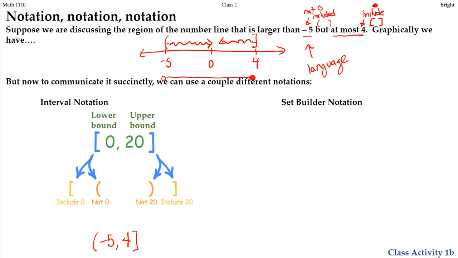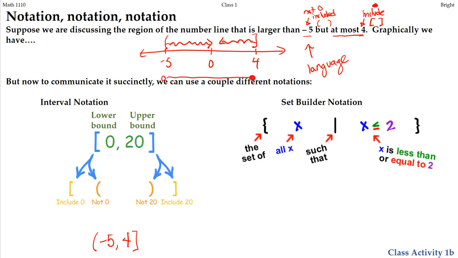Okay? Set builder notation, we're going to see something a little bit different. This is how mathematicians communicate this more formally, and the language that we use is all shown here. So it would be a curly brace, and I think that's the name I use. Maybe you have a different name.